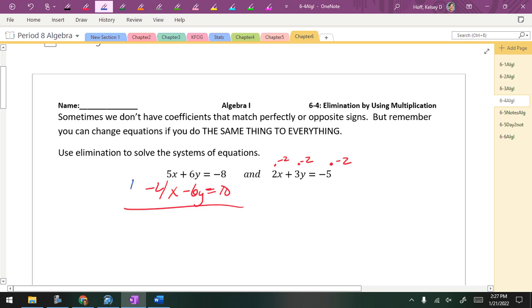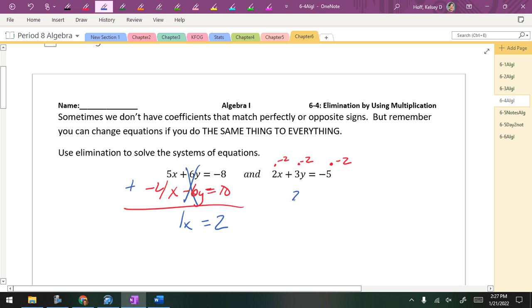Okay, so when you combine these, 5x plus a -4x is 1x, your y's cancel, -8 plus 10 is 2. So in that case, we got down to 1x in that one step, so we don't have to do anything else. You can plug it in. You want to plug it into the 5x or the 2x? 2x.